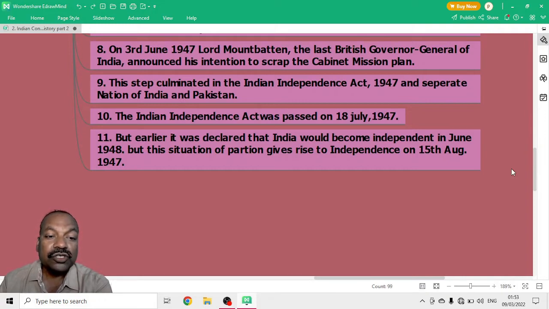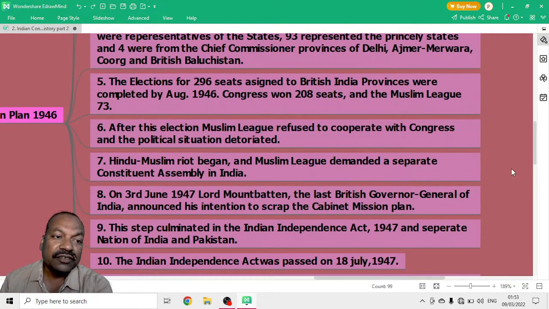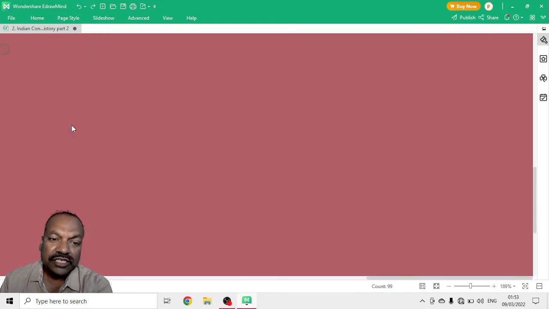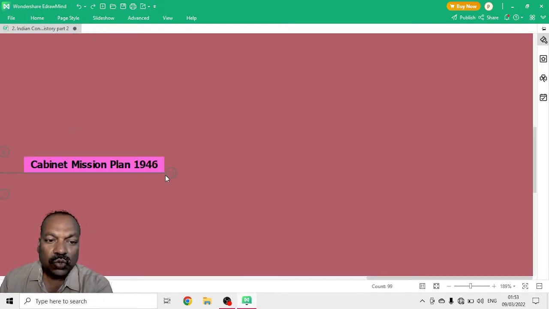But this situation of partition gave rise to independence on 14th August to Pakistan and 15th August 1947 to India. So both these dominions were separated, and the Act of 1947 on 14th August and 15th August gave independence to both of these dominions.